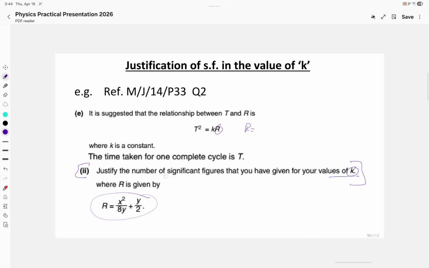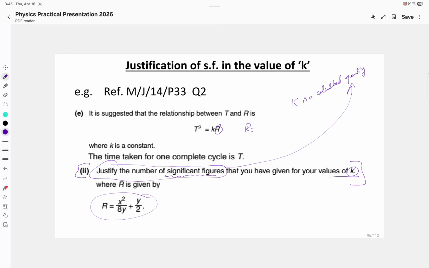Number two, sometimes they will ask you to write a justification for the number of significant figures you are using for the k factor. And always remember, the final k is a calculated quantity, and justification for the significant figures in paper 3 always comes for a calculated quantity, never ever for a measured quantity.